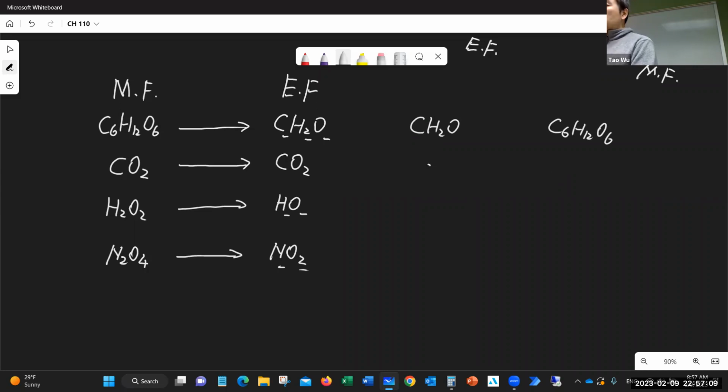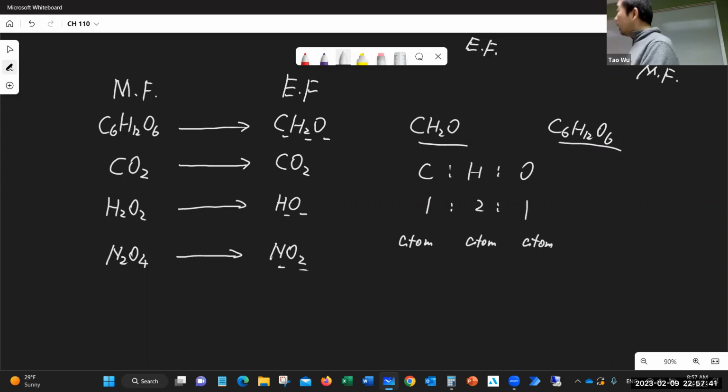So carbon versus hydrogen versus oxygen, the ratio will be the same, 1 versus 2 versus 1. It doesn't matter whether it is this one or this one. The ratio here could be 1 carbon atom versus 2 hydrogen atoms versus 1 oxygen atom, the ratio between atoms.